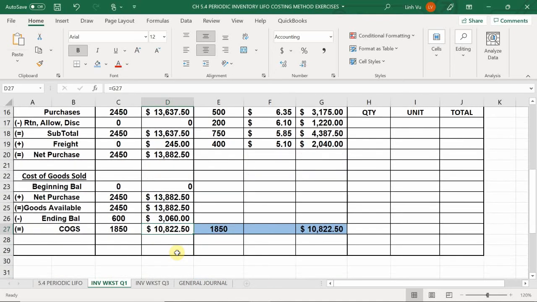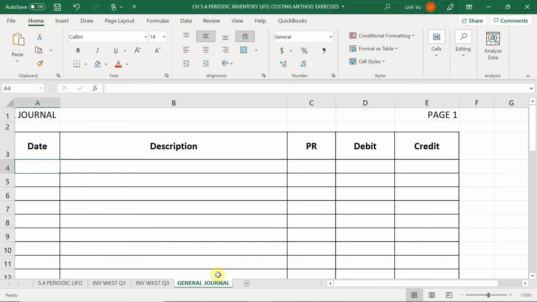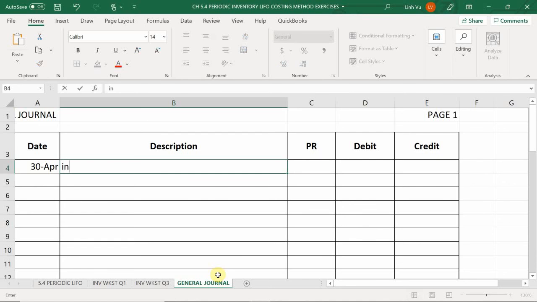Okay? So good. So now that we've finished our worksheet here, we need to complete our conversion entry. So go to your general journal. It is April 30th. How do I complete my conversion entry? You started off with ending inventory or just inventory? Good.